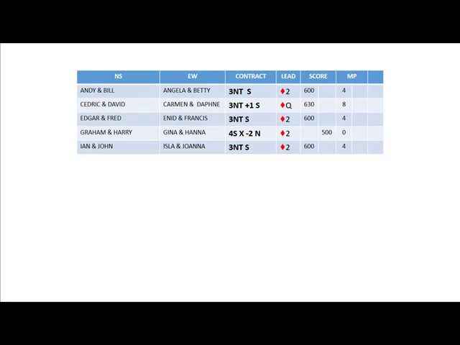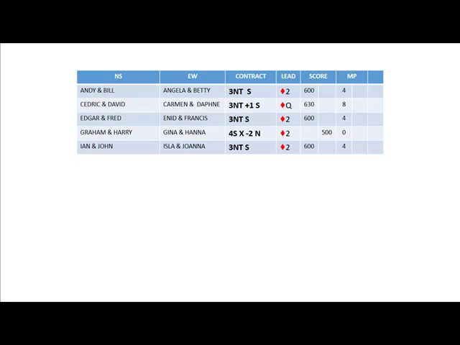Well, this is going to be a bit tricky, but let's have a look at Carmen and Daphne. Now, Carmen and Daphne, what score did they get? They had to pay Cedric and David 630 points. Imagine their score as being the absolute opposite. It's a minus score.